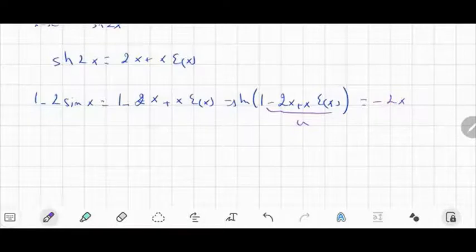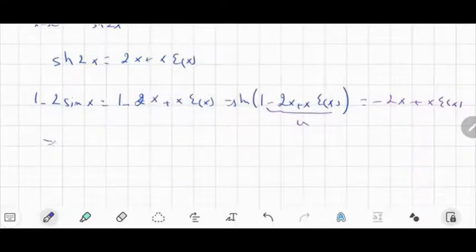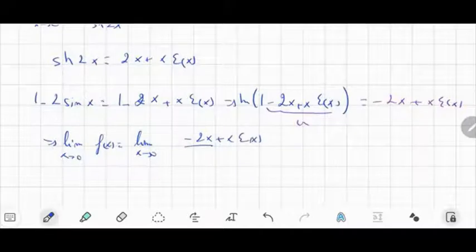I will stop in here because I have a non-zero term, plus x epsilon of x. Then the limit of the function f of x will be, as x tends to 0, of course, the limit as x tends to 0 of minus 2x plus x epsilon x over 2x plus x epsilon of x. And the first two terms are of order 1. Then I take the ratio of the coefficients, which will be equal to minus 1. And this is the limit.